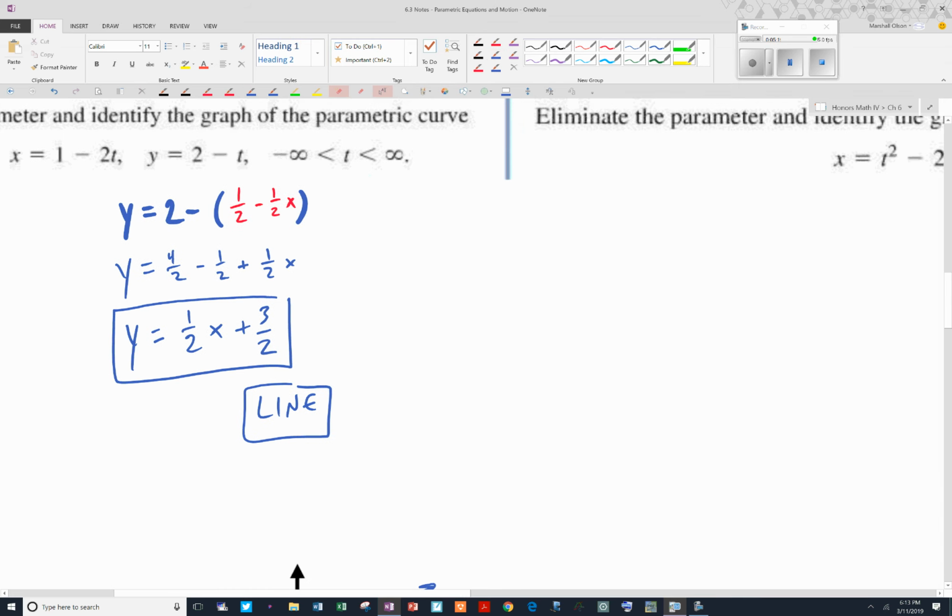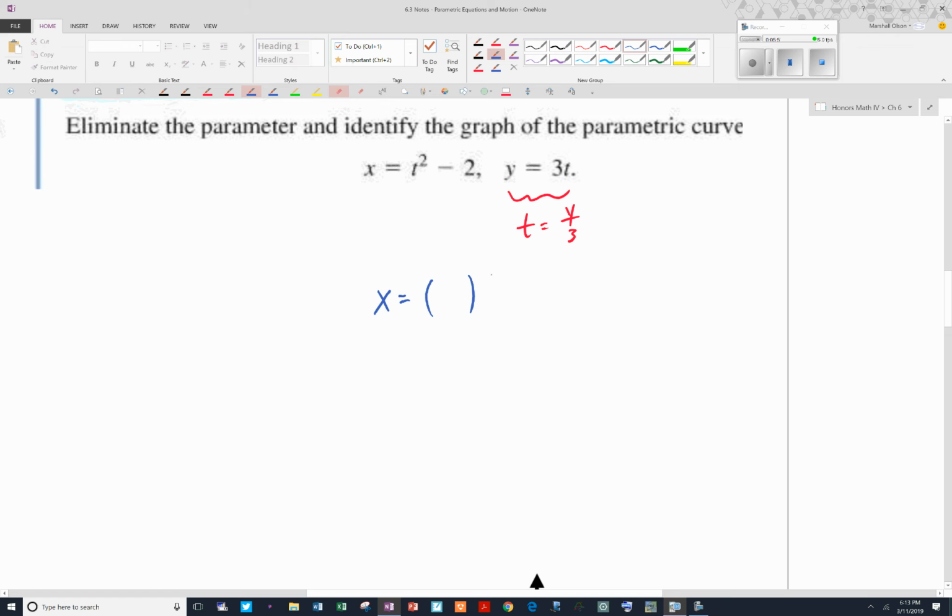So I have x equals t squared minus 2. This one is actually okay to leave in this form, because of how it simplifies in a second. So we're going to square that y over 3, and we have this right here. And in fact, I'm going to pull that 1/9 out as that there.